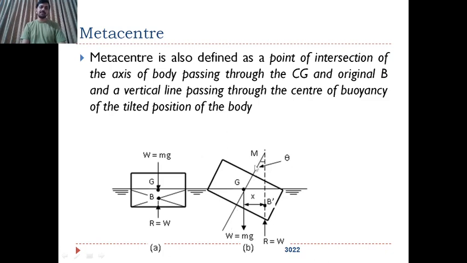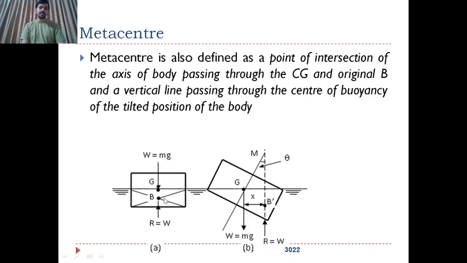You see here, look at diagram B. So this is the axis of the body in the original condition. This is simply a body floating on a liquid. G is the center of gravity through which the weight of the body is acting, equal to mg.